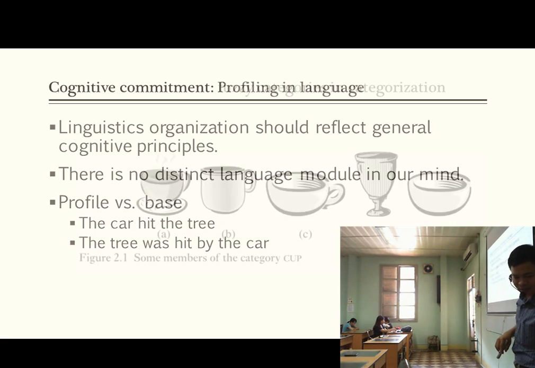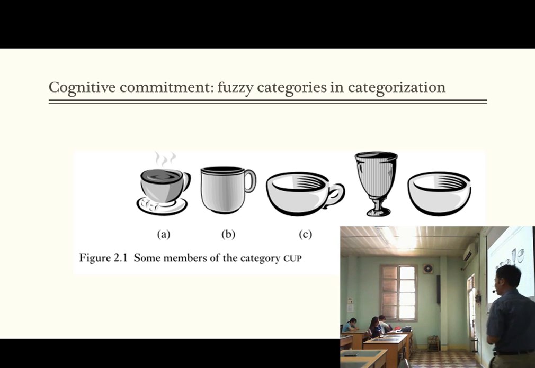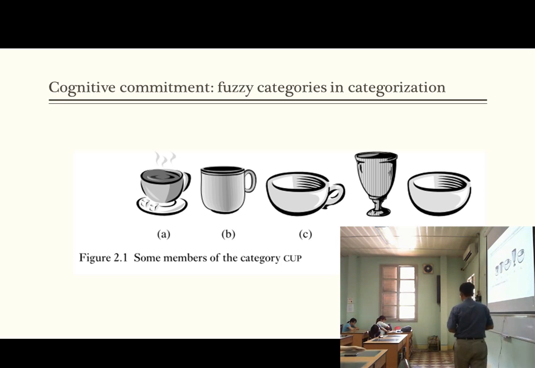Another theory that we will soon practice is categorization. I think last time we discussed a little bit about this already, also in the generalizations. Categorization is the theory of cognitive linguistics that basically claims that there is fuzziness in human thinking.